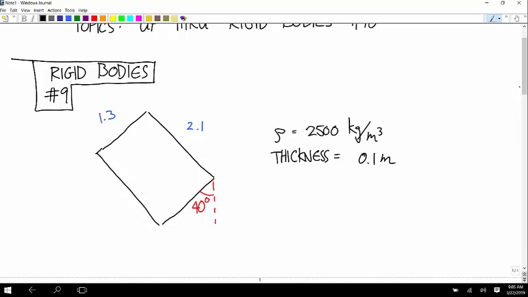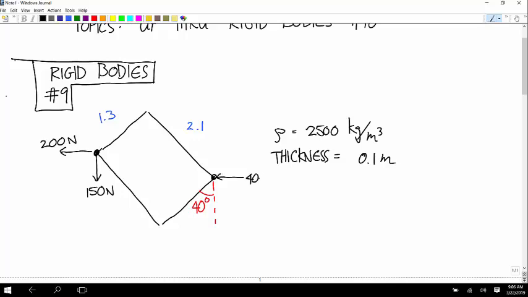And at this point, there's a force vector of negative 200, negative 150. So I could write that as 200 newtons that way and 150 newtons that way. And at this point, there's a force vector of negative 400, positive 300.